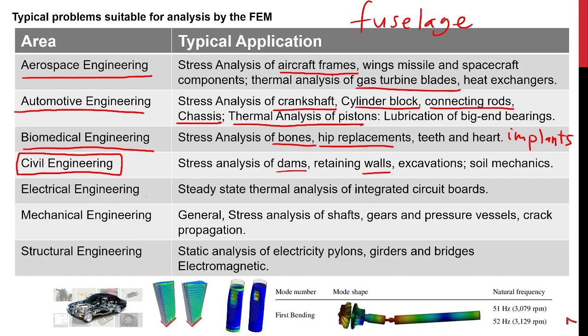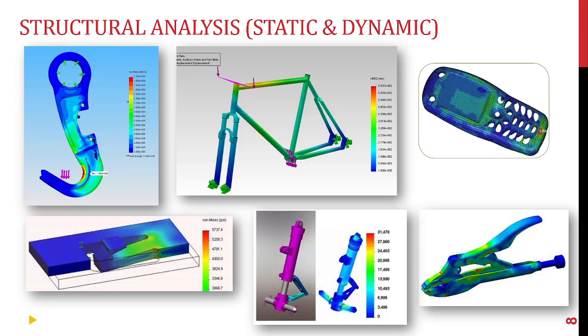Electrical engineering not so much. Mechanical engineering the most. Mechanical engineers use FEA the most. Structural engineering, of course. These are some of the results that you will be able to produce later when you learn this course.